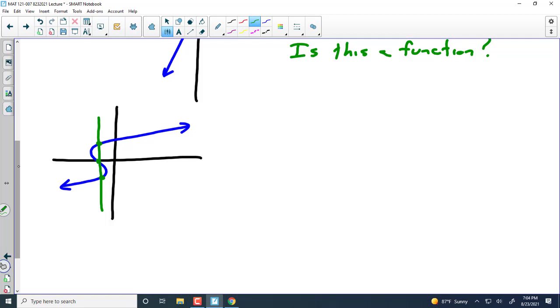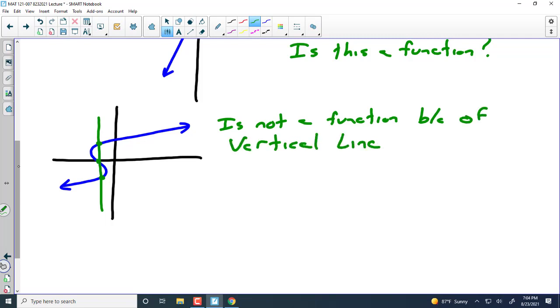So this right here is not a function because of the vertical line test.